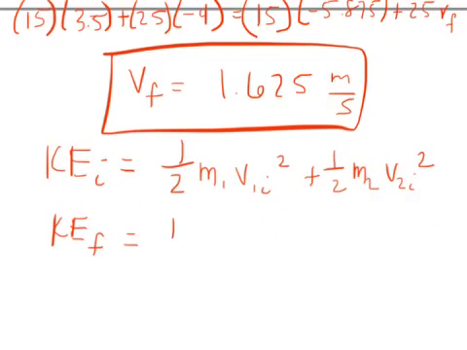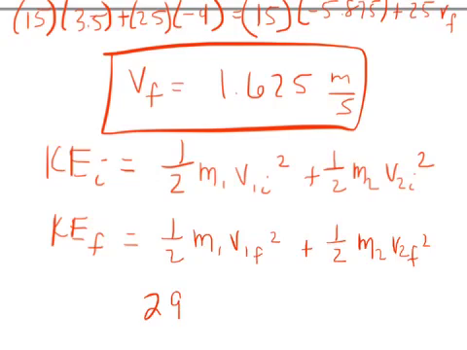Kinetic energy after is 1/2 m1 v1f squared plus 1/2 m2 v2f squared. I'll write down the number you'll get at the bottom, but you should get the same number for both. Please check that you do. If you don't, check with your neighbor on their calculator to see what you did wrong.